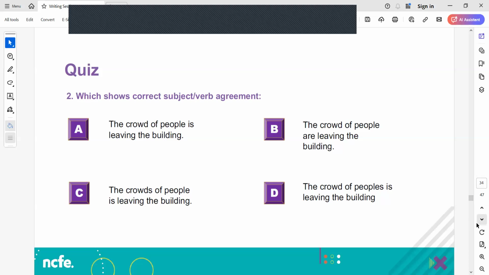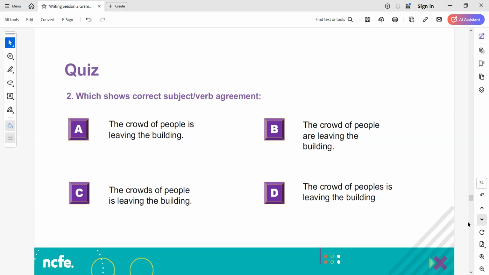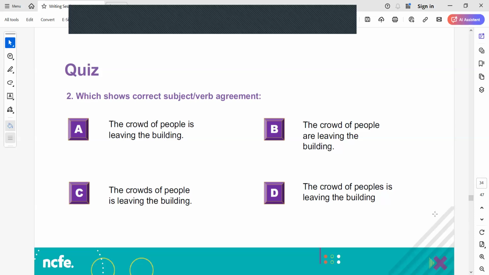D. The crowd of peoples is leaving the building. So we don't usually use peoples. No! There is no S on people. A, yeah, good, okay, well done. Sorry. So peoples is a funny one because we wouldn't normally use peoples. People is the collective. So you will hear it in some contexts. Well done.